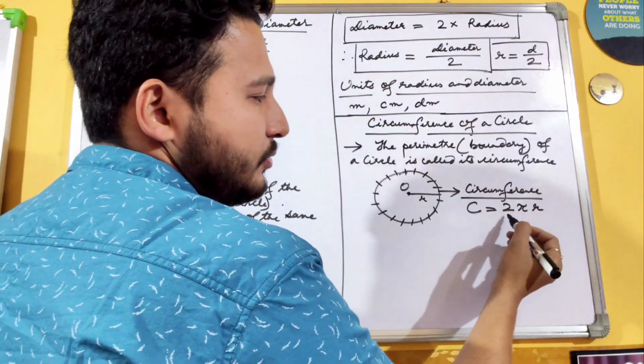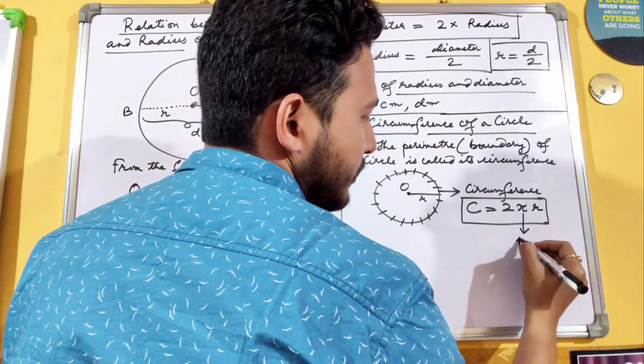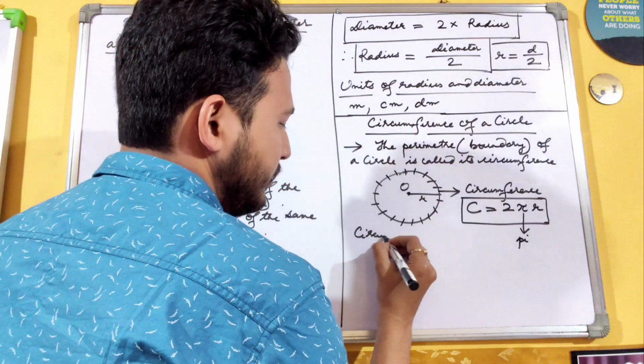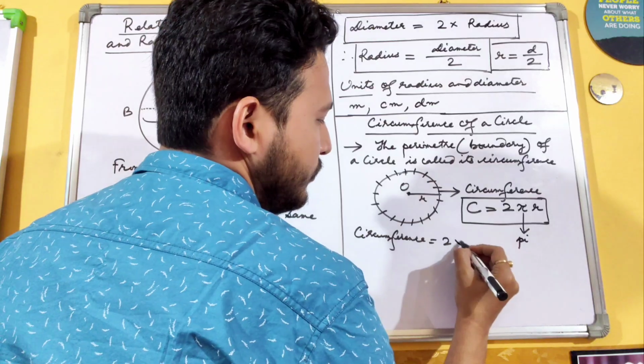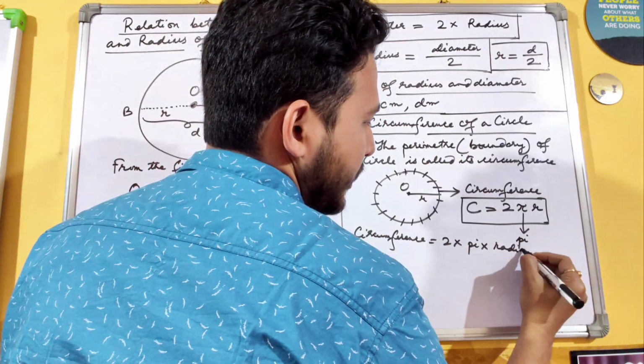Now what's pi? It's a Greek alphabet. We call it pi. So circumference is equal to 2 into pi into radius.